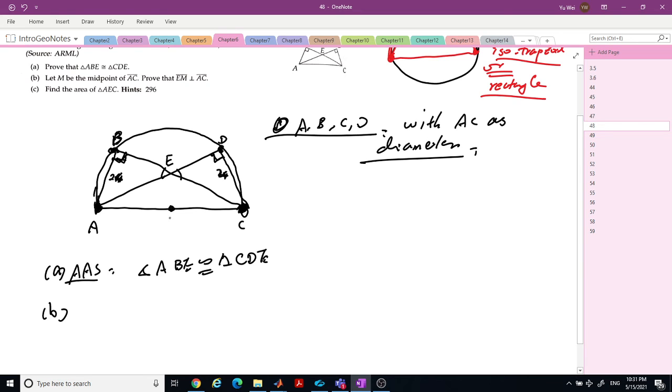So if M is here, we want to prove EM is perpendicular to AC. From here we know AE equals CE.